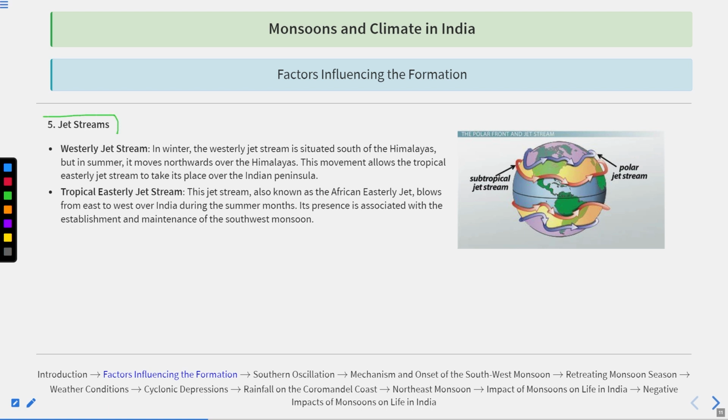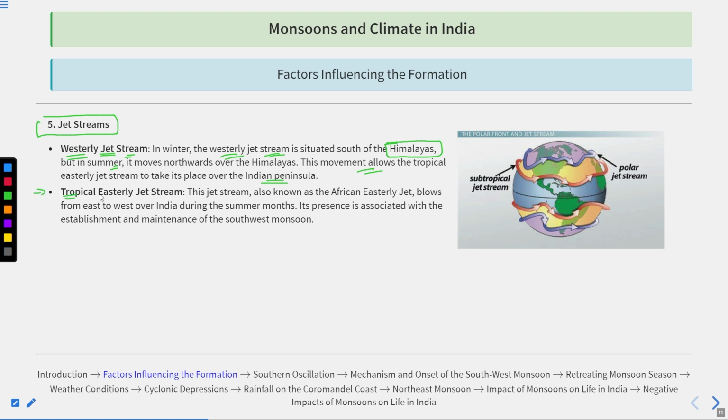After this, the jet streams. First one is the westerly jet streams. In the winter, the westerly jet streams are situated south of the Himalayas. But during the summer, they move northwards over the Himalayas, and because of this the tropical easterly jet stream takes its place over the Indian peninsula, which automatically condenses the heating winds and causes the precipitation.